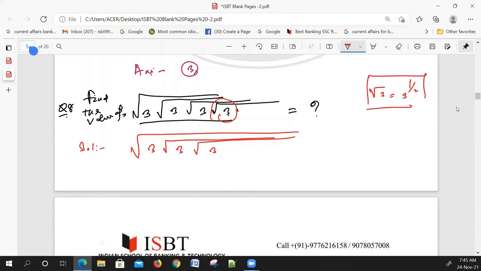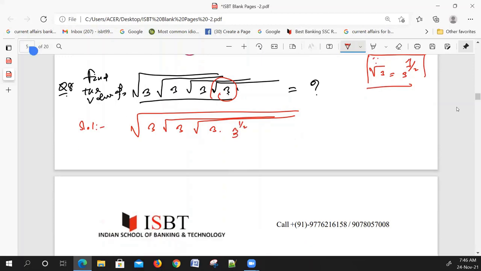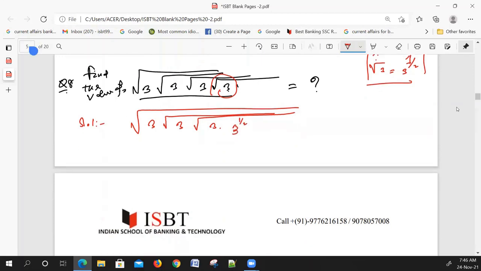Since root 3 is equal to 3 to the power half, हम लिख सकते हैं यह 3 to the power half. Look at it very carefully. In the next step, we can write here this step को हम लिख सकते हैं under root of 3 into under root of 3. इसको लिख सकते हैं 3 to the power 1 into 3 to the power half.